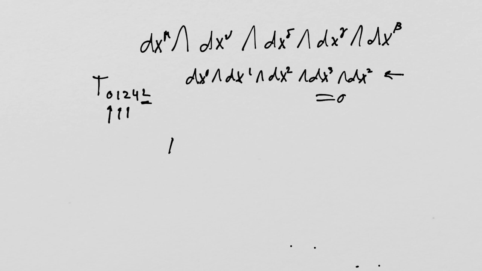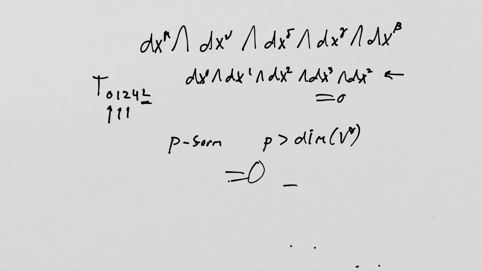Whenever I'm trying to make a P-form where P is greater than the dimensionality of the underlying vector space, I'm going to always get 0. The vector space is going to be totally trivial. It's going to be 0. So the 5th exterior power of our 4-dimensional tensor product space is just the single set 0, right? And there's nothing, and all greater powers as well.